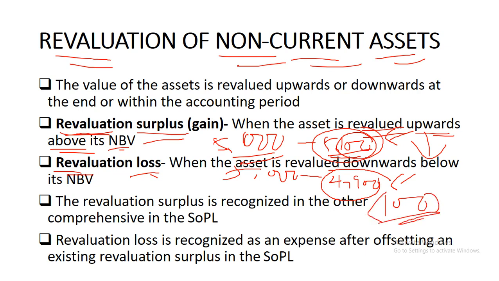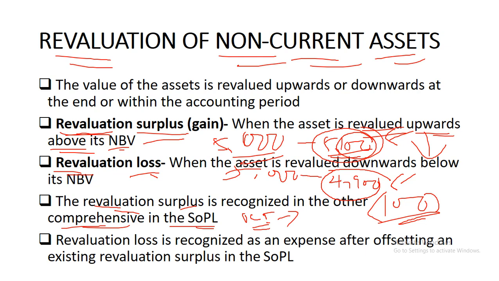So now, how do we treat a revaluation loss and a revaluation surplus? A revaluation surplus is recognized in the other comprehensive income. You're going to observe this when we start going through the statement of profit or loss for a company. So we recognize it as other comprehensive income separately in the statement of profit or loss.